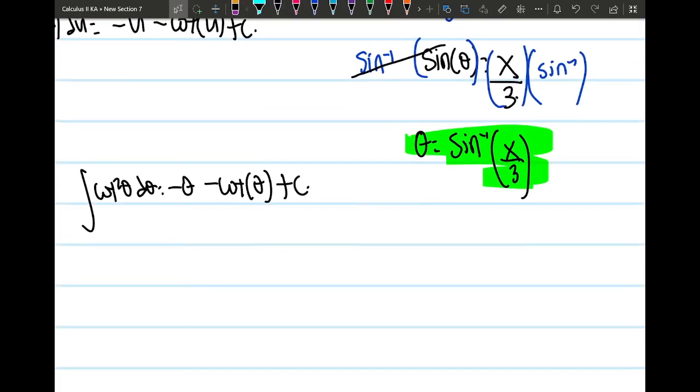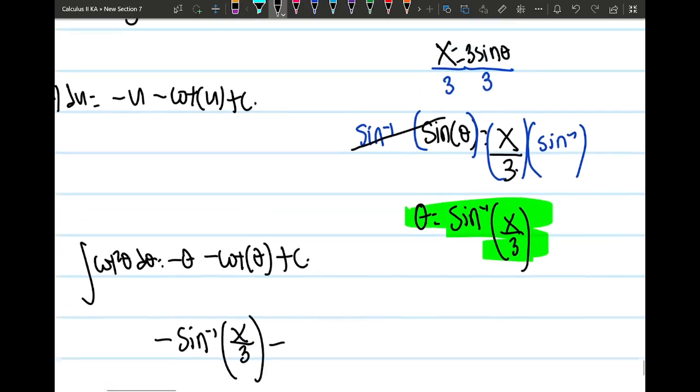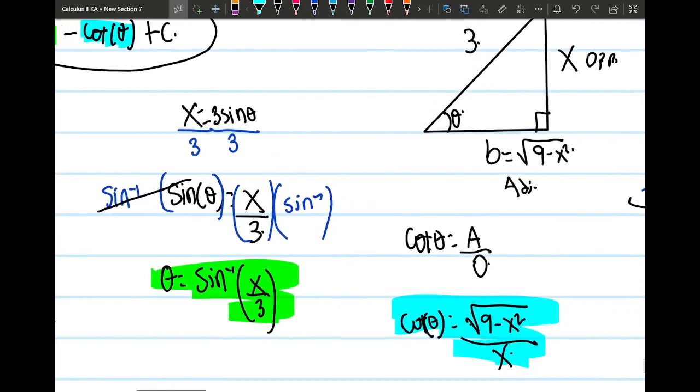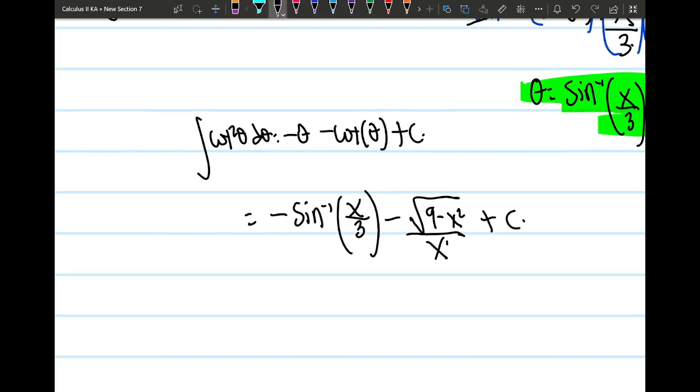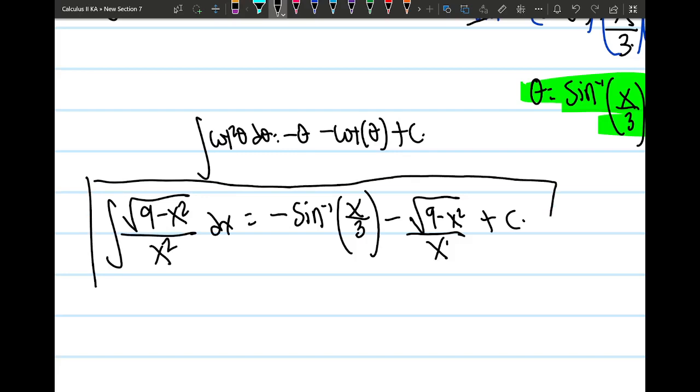So it's going to be negative sine inverse of x over 3, minus cotangent theta, which is the square root of 9 minus x squared over x, plus my constant of integration c. And this is what's equal to the integral of the square root of 9 minus x squared all over x squared dx. And this, guys, is the final answer to this problem.